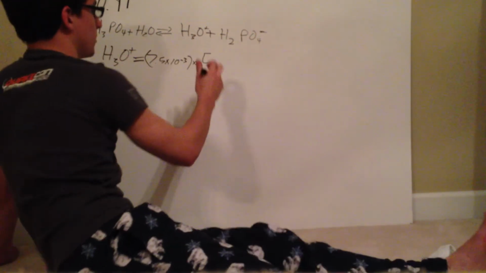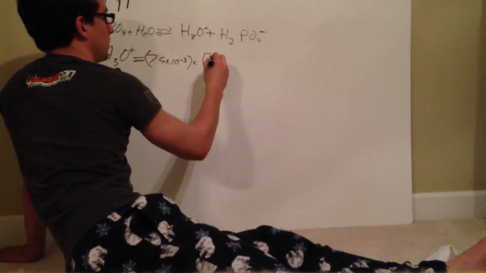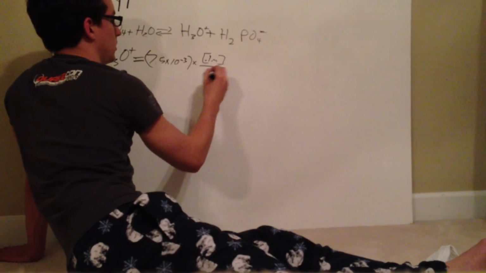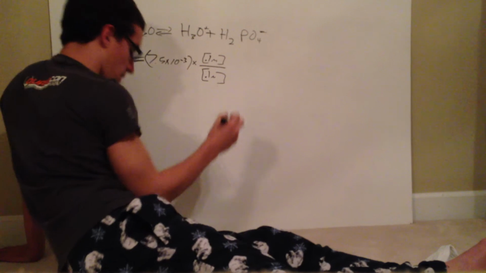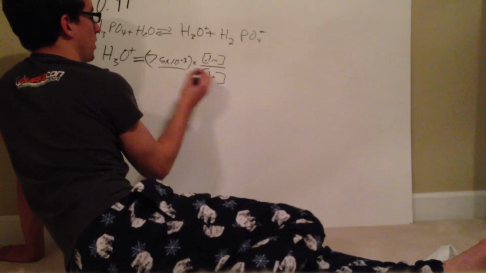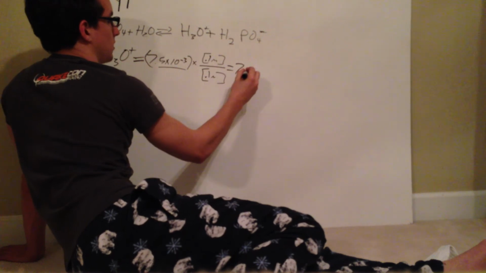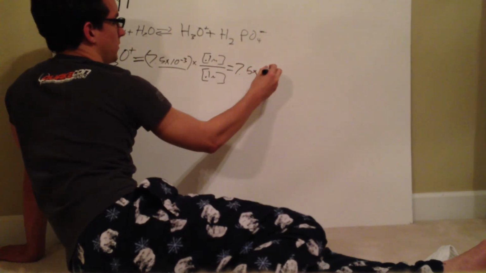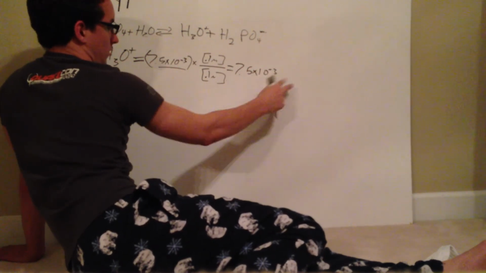Yeah, 0.1 moles. They're both 0.1 in the problem. So if you don't know where these 0.1s came from, just read the problem, and it'll give what you need. This comes out to just be 1. So this times 1 is still 7.5 times 10 to the negative third.